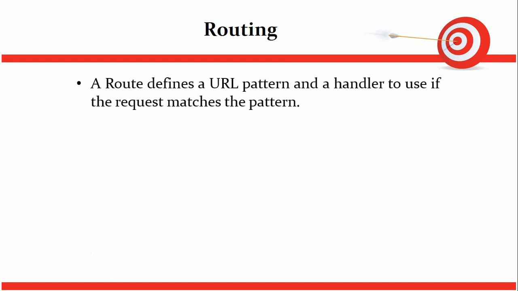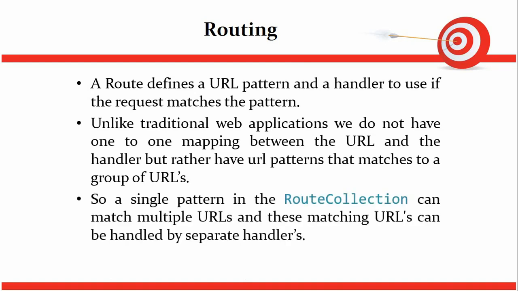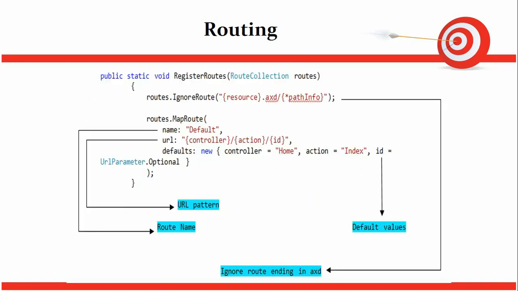What is a route? It defines a URL pattern and a handler to use if the request matches the pattern. Unlike the traditional web application, you need not map anything, because if you call the file, I'll get the file. That's all, very simple. But here, the URL you're calling will not be the actual physical file which is getting called. Remember that. This is a simple code. You need not explain this in the exam, but just look at that code, guys.